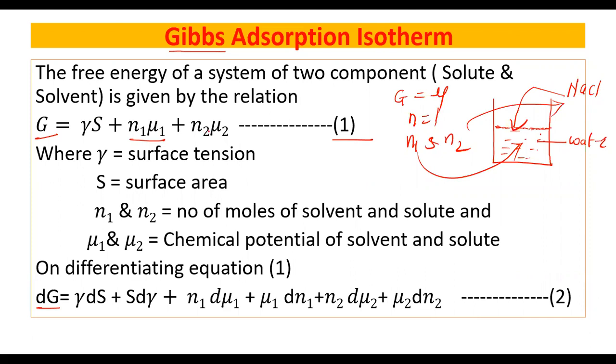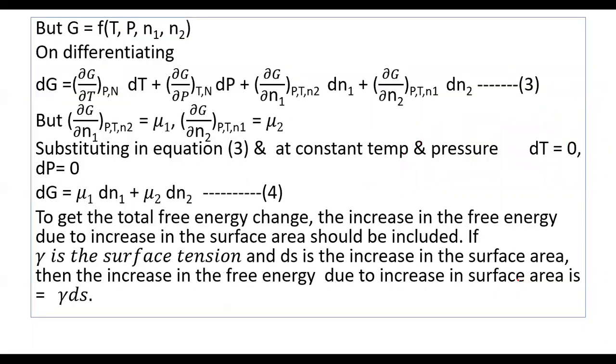Similarly, N2 into d mu2 plus mu2 into dN2. So the differentiation of equation 1 is dG equal to gamma into dS plus S into d gamma plus N1 into d mu1 plus mu1 into dN1 plus N2 into d mu2 plus mu2 into dN2. This is our equation 2.